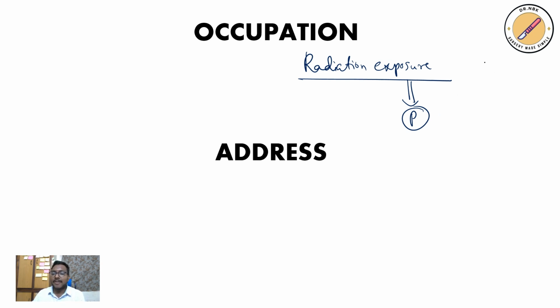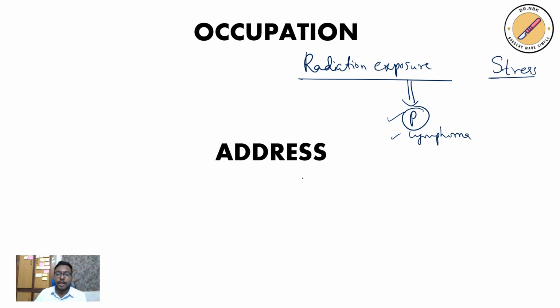Also, the other point you can remember is stress, any occupation with stress. Stress itself is a predisposing factor for goiter. So these are the two important points. Another important point is that in case of radiation exposure, you can rarely get lymphoma also, but usually you will get papillary carcinoma thyroid more commonly.